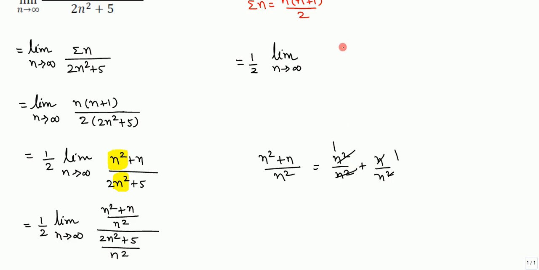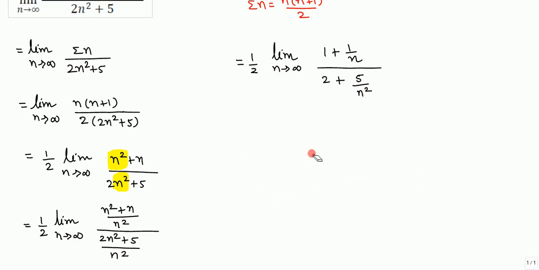So numerator is 1 plus 1 upon n. Similarly, if we split terms in denominator, n square upon n square cancels, 2 left, plus 5 upon n square. Now see, earlier we learned that when n tends to infinity, 1 upon n equals 0.